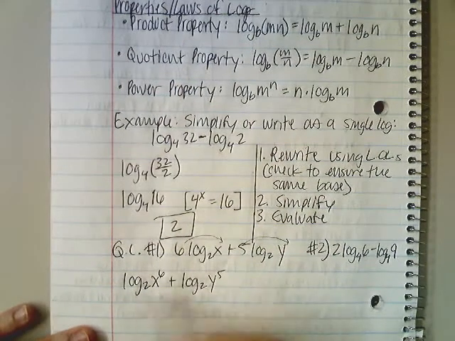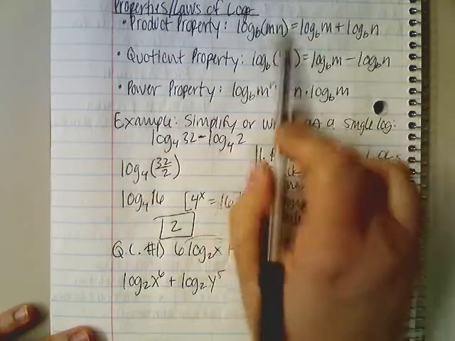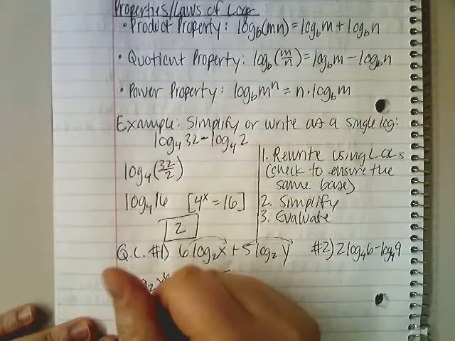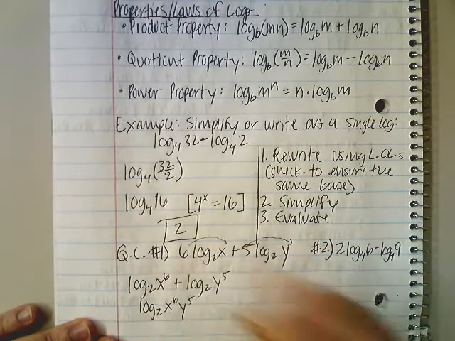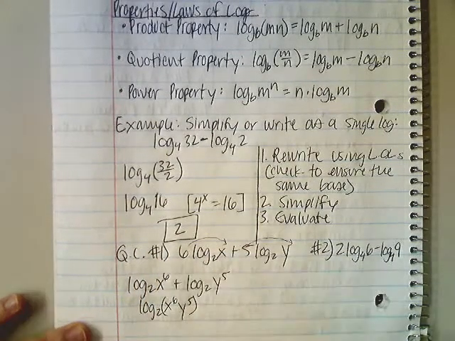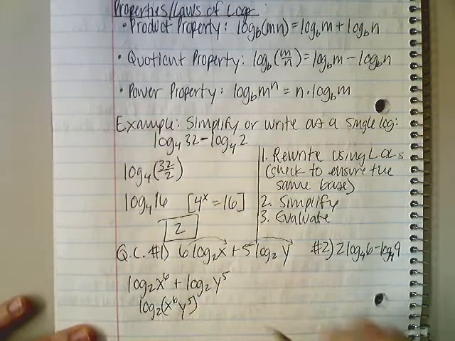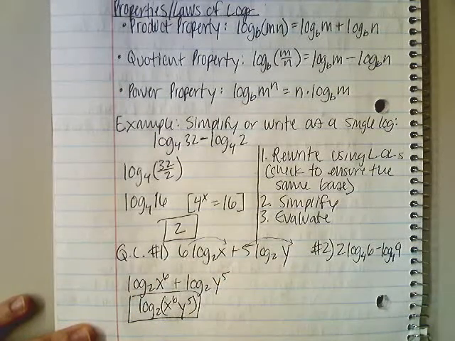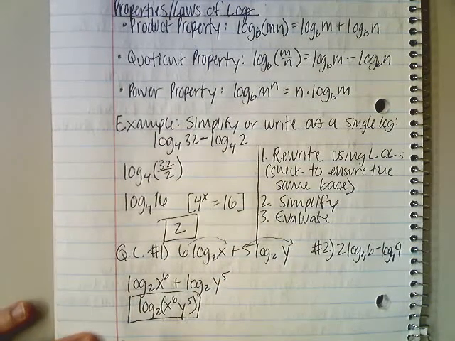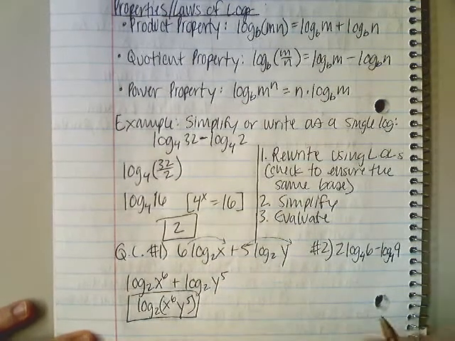Now that I see that I'm adding two logs of the same base, I know I'm allowed to multiply the arguments using the product property. So I'm going to say log base 2 of x to the 6th, y to the 5th, and that's all in one. You can put parentheses around it or not. It's fine either way. And that would be our answer because there's nothing I can really evaluate at that point. So that would be our solution for our first one.